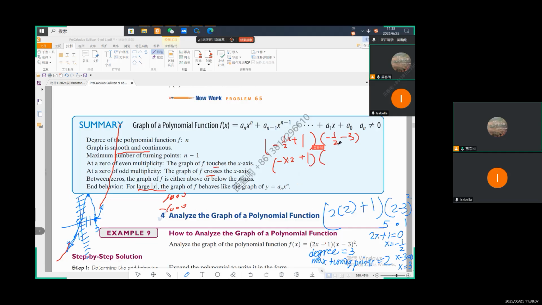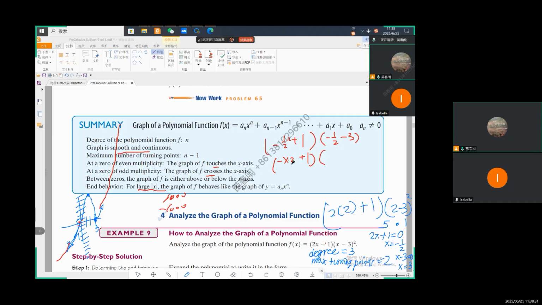Wait, sorry, why did we get to negative 1 over 2? It's because you're near negative 1 over 2. You know that point for sure, but you don't really know what's near that, so you want to substitute some value. But when I substitute, I find this one to be 0, and that's not what I want.